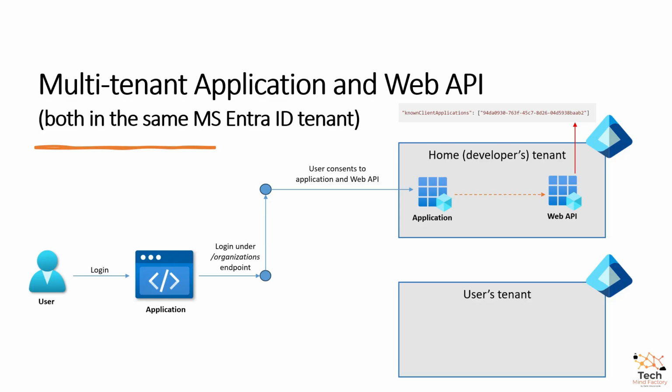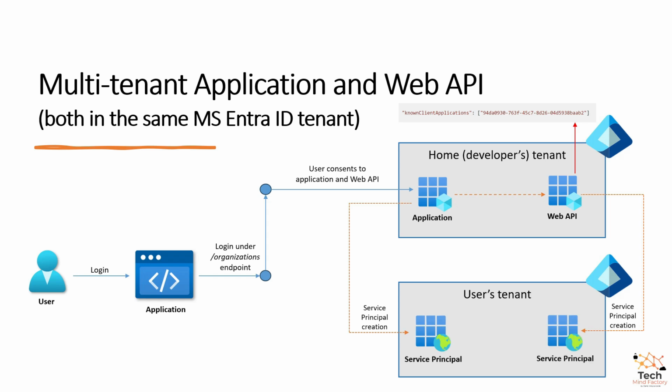And there we are providing the client ID of our web application registered in the tenant. So this means that both service principals will be created when the user consents. So there will be a service principal created for the application, but also there will be a service principal created for the web API. Okay, so that's very important.